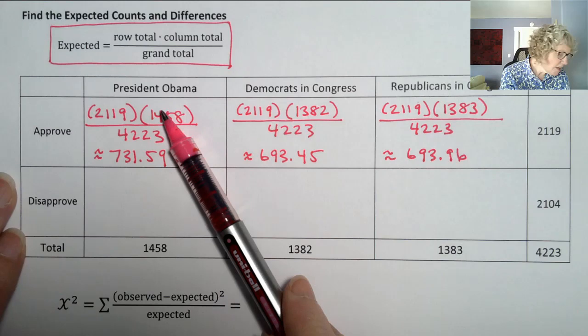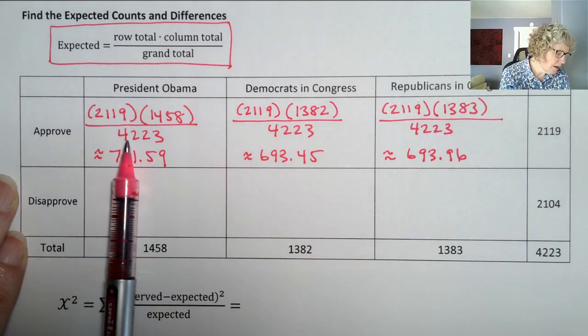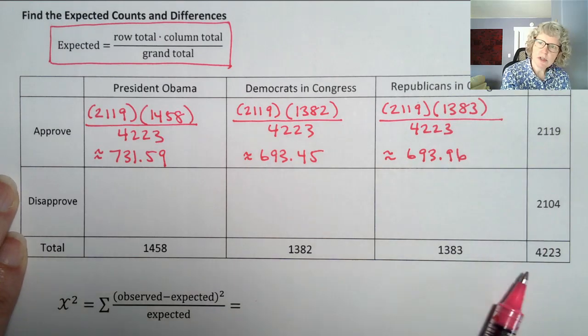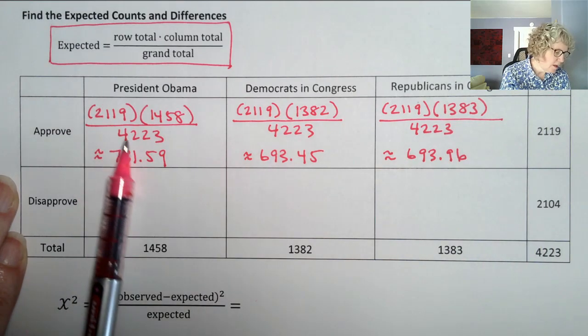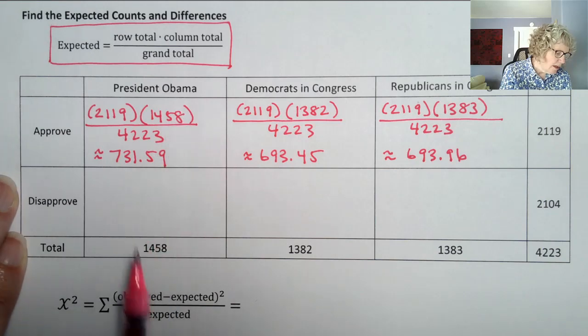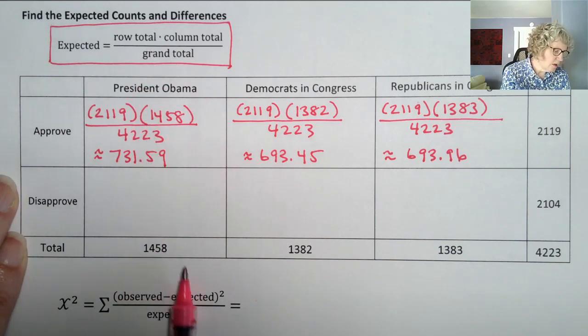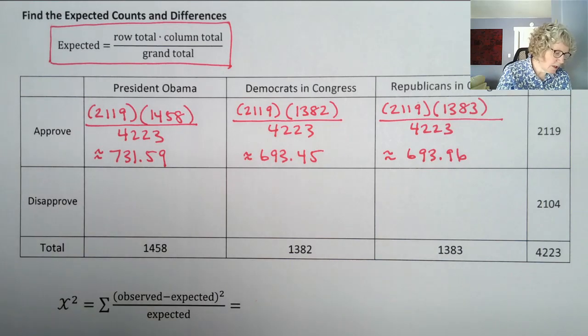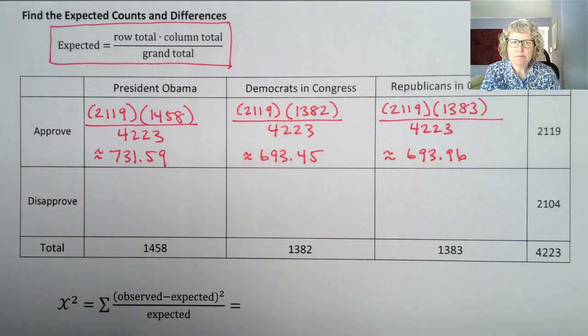So essentially we're taking this ratio, 2119 over 4223, and multiplying it by the total in each group. That's kind of what we're doing and how it relates to our previous independence test in 243.